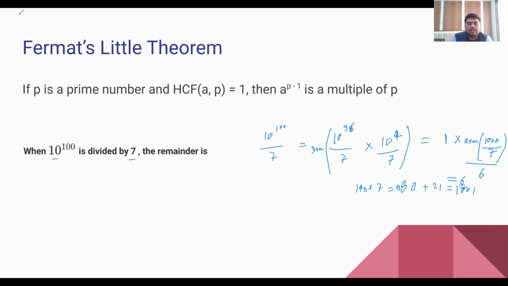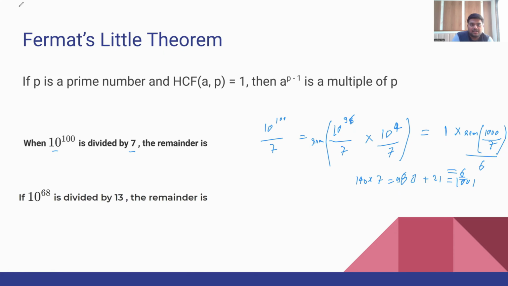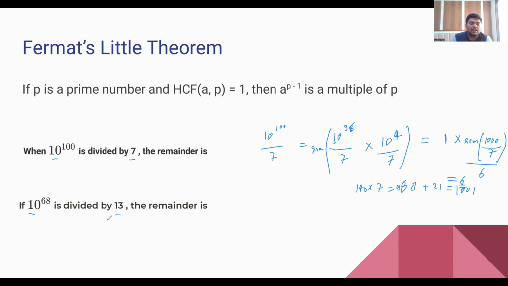And now another question, 10 to the power 68 divided by 13. So again a prime number and again a number of this form wherein HCF of base and the divisor is 1. So we will simply do 10 to the power 68 by 13 is equal to 10 to the power 16 by 13 into 10 to the power 8 by 13. So here this will be equal to 1, this remainder.